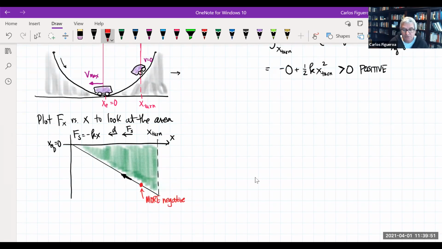And what am I going towards? I'm going to a point here that's going to be less negative. Even though I'm dealing with negative numbers, that requires a positive change. Another reason to say that when you start talking about energy, you cannot talk about a single point. You need to talk about a change in energy.